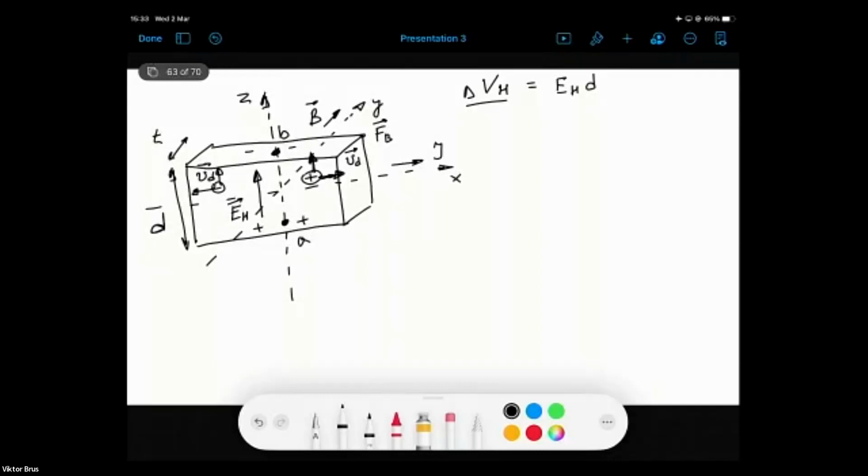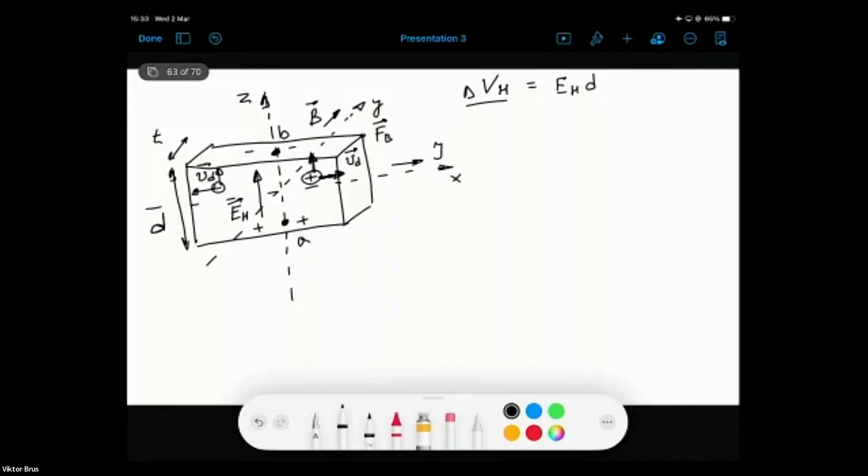So after this explanation, we can provide some derivations in order to see how this Hall effect can be useful for us in order to determine some important properties of conductors or semiconductors.